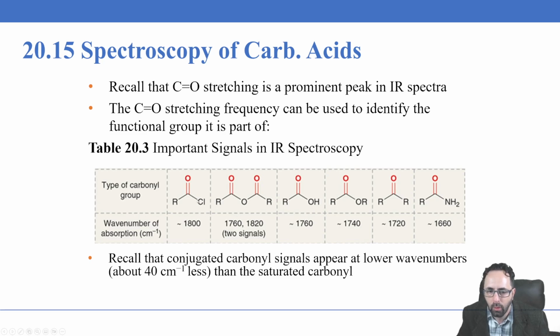If we have an acid chloride, that tends to have the highest wave number. Acid anhydride is a little lower at about 1760 and 1820, with 2 signals, the 1820 being higher, the 1760 being lower. Carboxylic acid is also around 1760, and ester is about 1740. A ketone is around 1720, and an amide here around 1660.